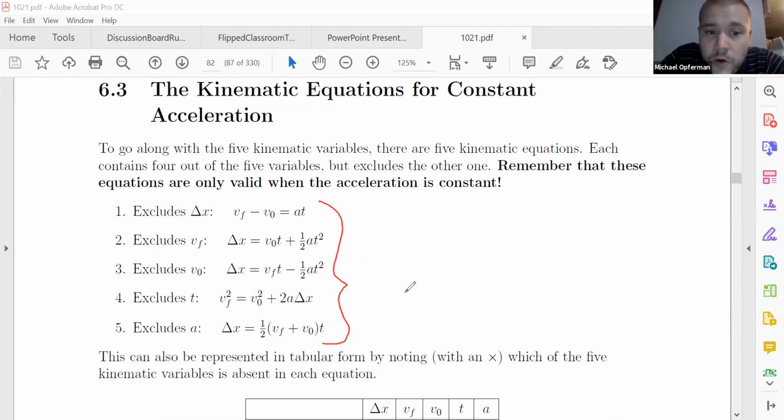So what I want you to notice, first of all, when you look at these equations, is that there are a total of 5 variables in these equations. And those variables are, we've got delta x.